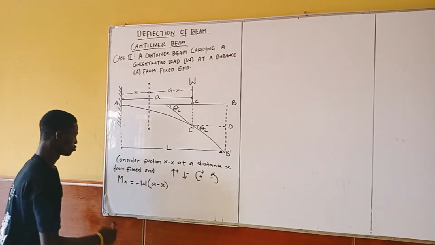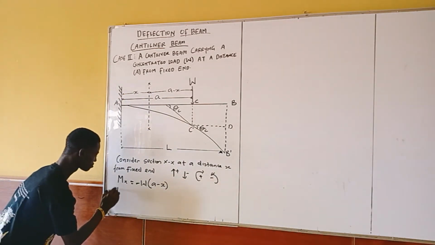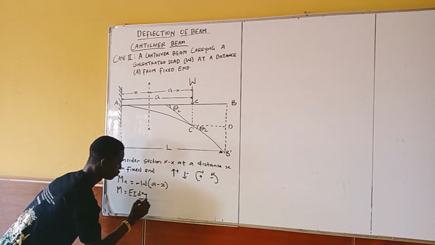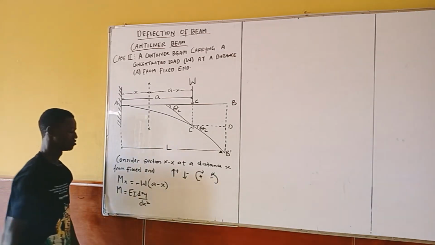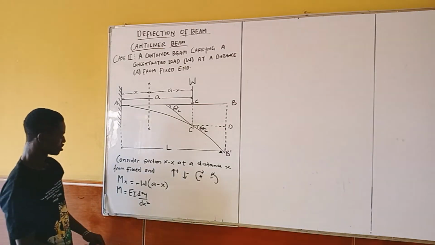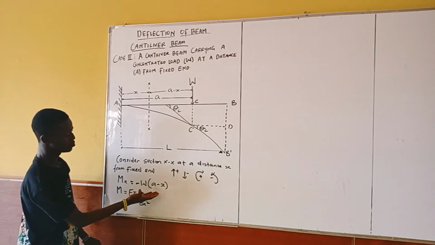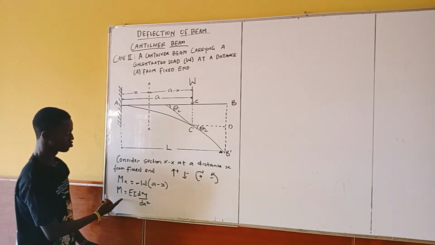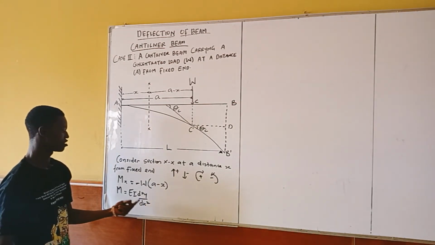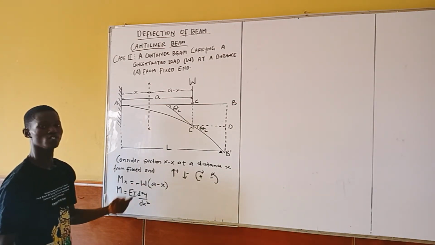But don't forget that we have already established that moment equals EI d²y over dx², in the relationship between slope, deflection, and radius of curvature. So since moment is minus W(A minus X), and moment is also EI d²y over dx², definitely EI d²y over dx² is equal to minus W(A minus X).